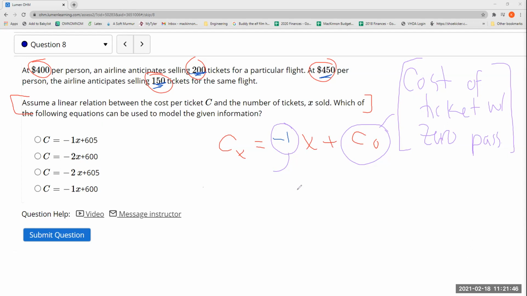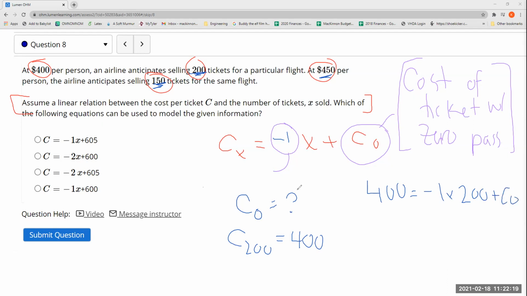So what you can say is, all right, we need to find what C of 0 is. So what I do know is C of 200, I can choose either of these coordinate pairs that I want, costs $400. So what I know is 400 is equal to -1 times 200, if I plug in the n and the x value here, plus C0, and I'm just going to solve for C0.